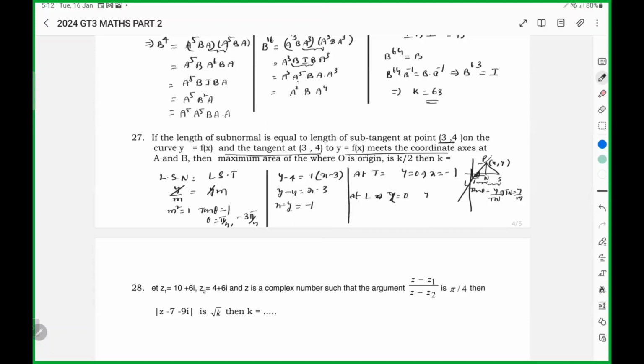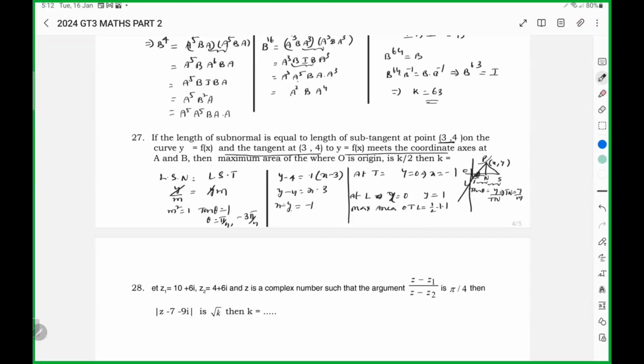X0 means y becomes 1. So in this case, here is the origin, so the area of OTL is half into 1 into 1. So K here is 1.